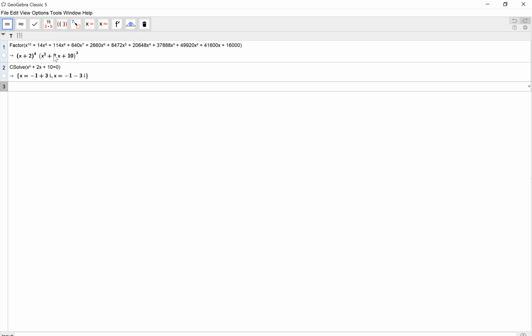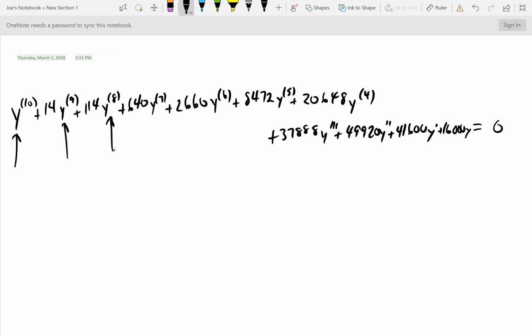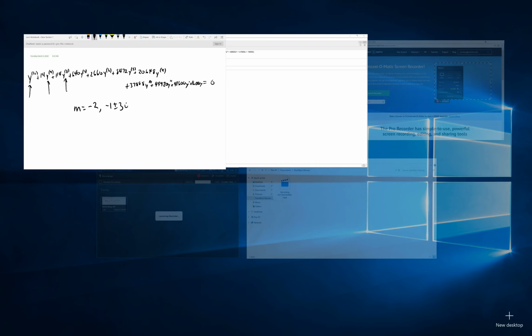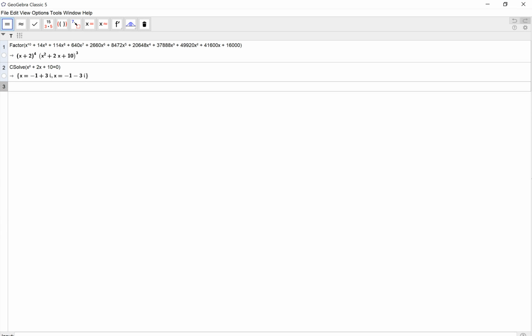So we've got 3 actual distinct roots, and then we've got some multiplicities. We've got a root of -2, that's coming from the x plus 2 factor. And then we've got these roots of -1 plus 3i, -1 minus 3i, and remember we handle those using the products of an exponential and a trig function. So, just to write this down again, our solutions to the characteristic equation, I'll use m because we typically use that in class, we had -2, and we've got -1 plus or minus 3i.